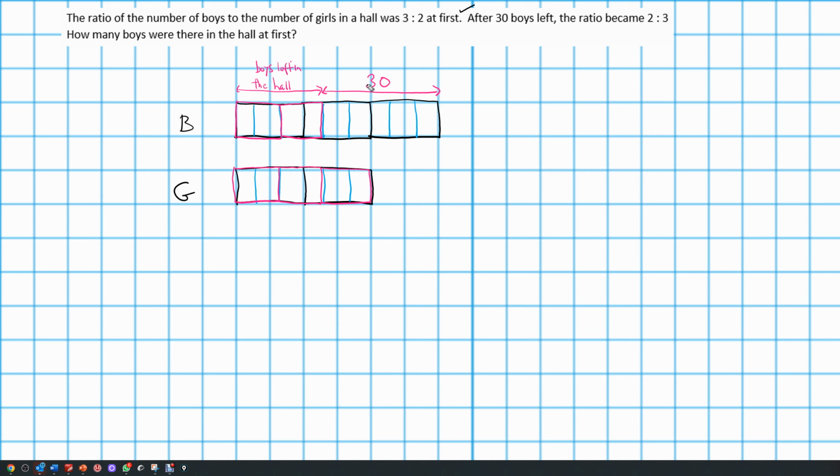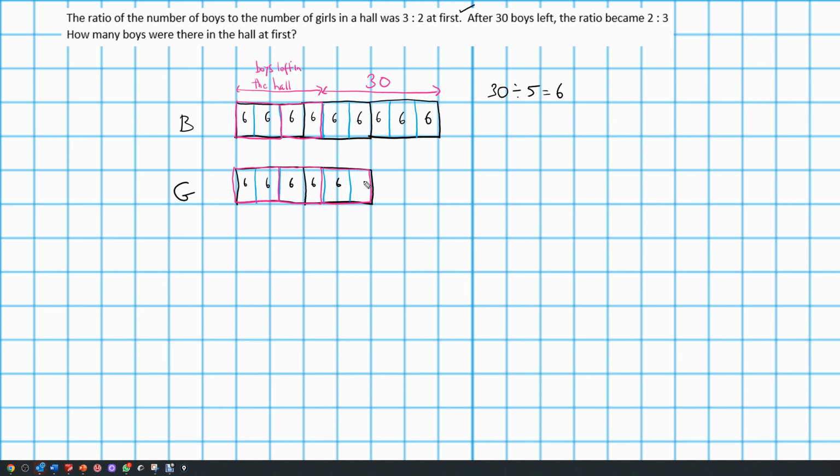And now we have a value that we can assign to parts, and that's 1, 2, 3, 4, 5 parts. So if we divide 30 by 5, which gives us 6, we then know the value of each of these parts. I don't have to write this in, but all of these parts have a value of 6.